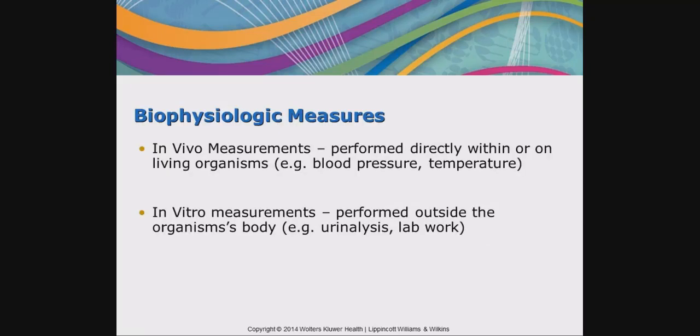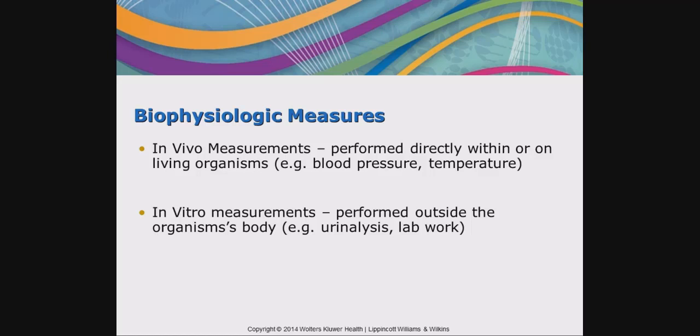I love it. Okay, biophysiological measures, in vivo. Well, in vivo has to do with things that occur within the organism, like blood pressure, temperature, arterial pressure, those kinds of things.